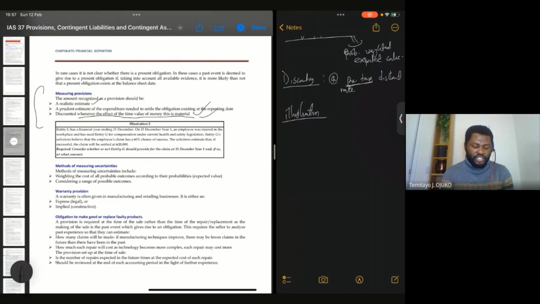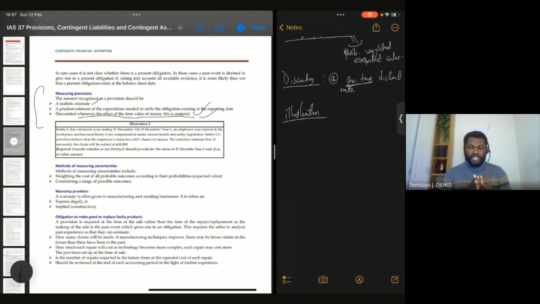Entity G's solicitors believe that the employee's claim has a 60% chance of success. The solicitor estimates that if successful, the claim will be settled at 20,000 naira. Consider whether or not Entity G should provide for the claim at 31 December year 1, and if so, at what amount?